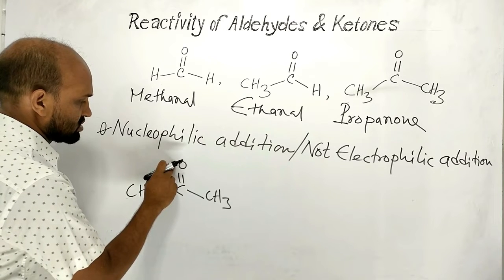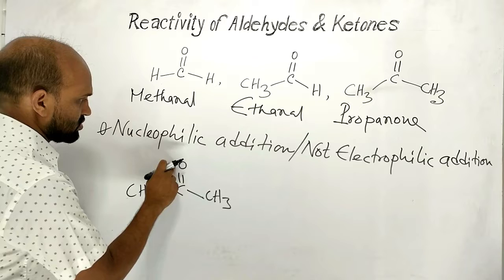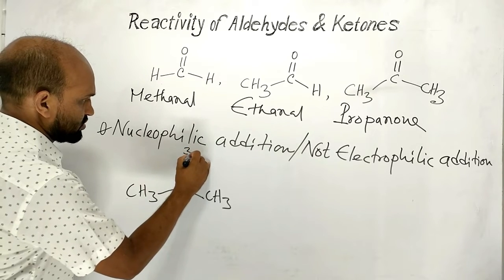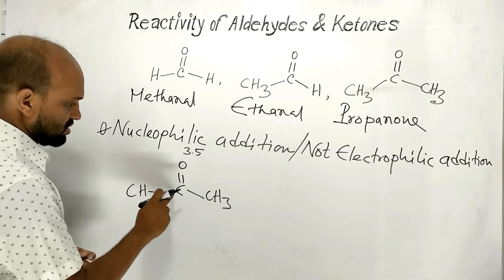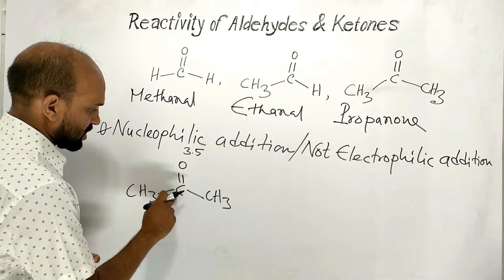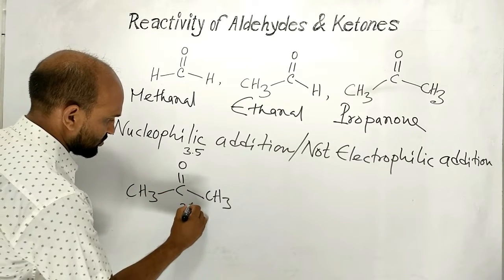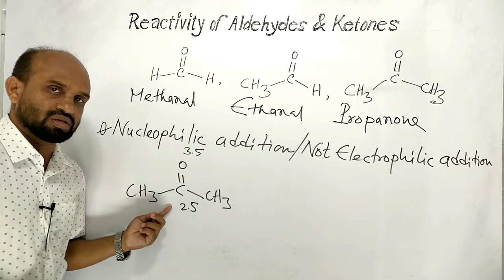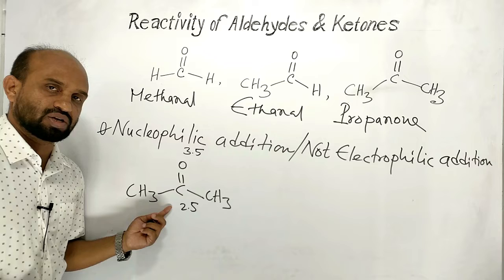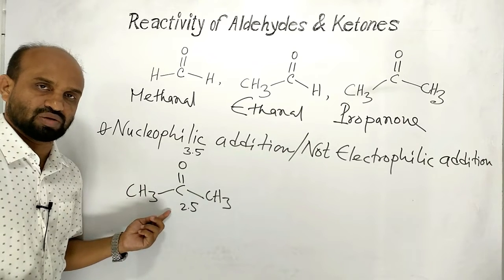Here oxygen is the more electronegative atom. Its electronegativity is 3.5. On the other hand, the electronegativity of carbon is 2.5. So there is a difference in electronegativity between these two elements.